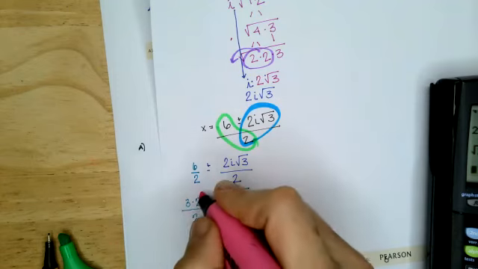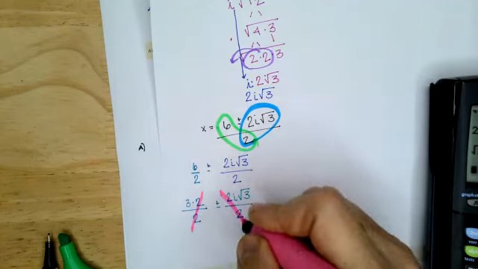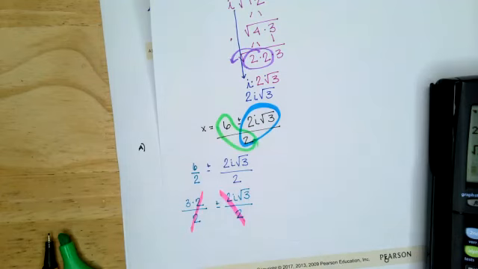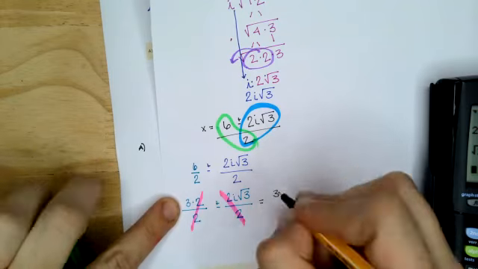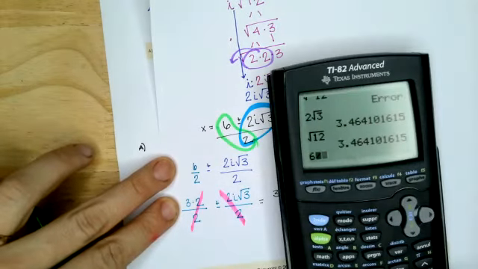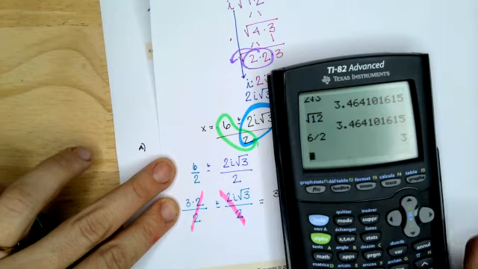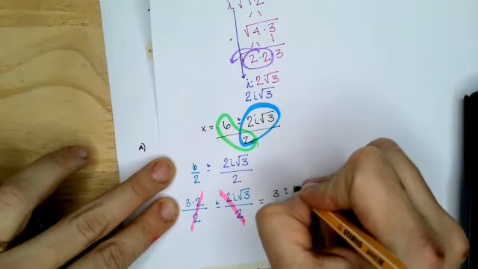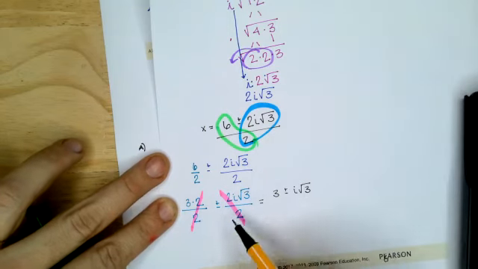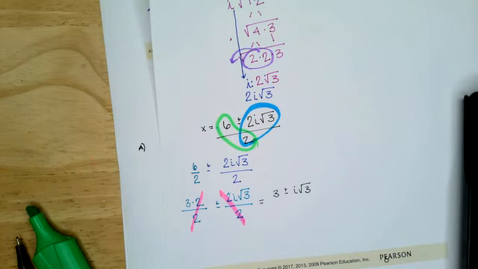Here I can cancel 2 over 2. Here I can cancel the 2 and the 2. So this becomes 3, just like 6 divided by 2 is 3. And then here, i square root of 3, because we canceled the 2's here, just like we canceled the 2's here. They're common to both the top and the bottom.